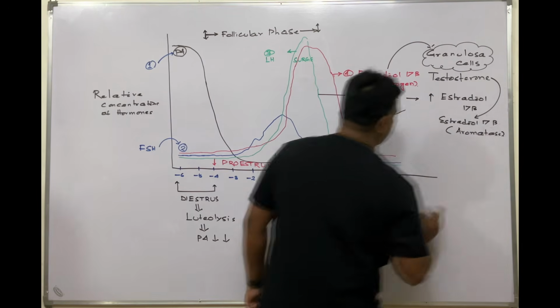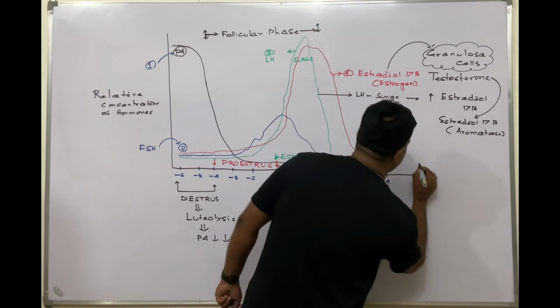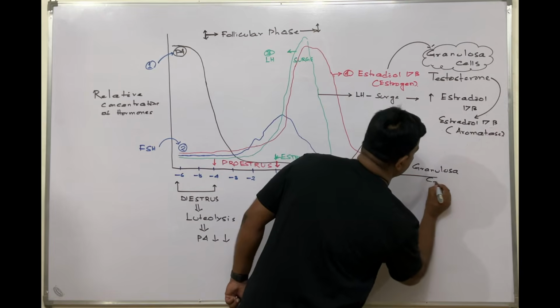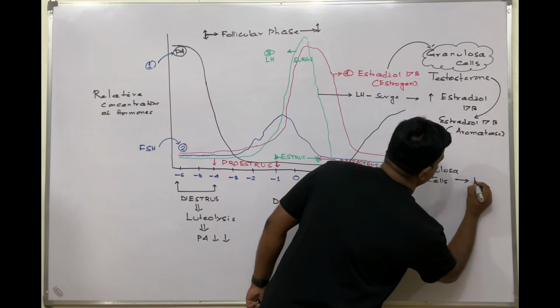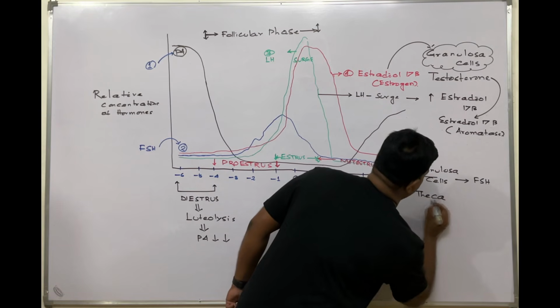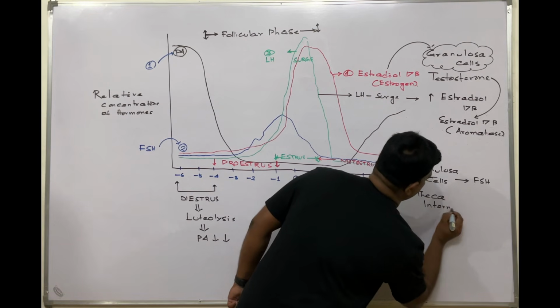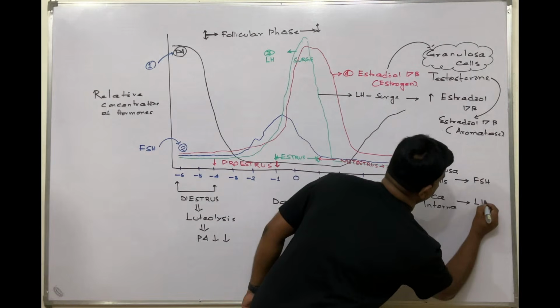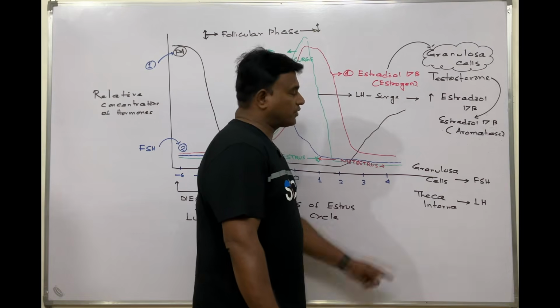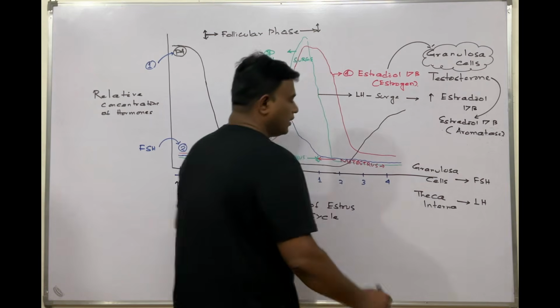And here the concept comes, as I said, the granulosa cells show the receptors for FSH, and the Theca interna cells show the receptor for LH. Next class is on the two-cell two-gonadotropin hypothesis, where we'll see the detailed mechanism.